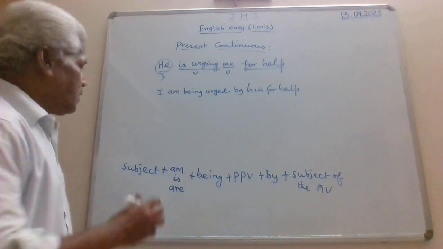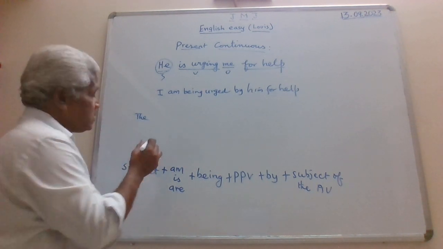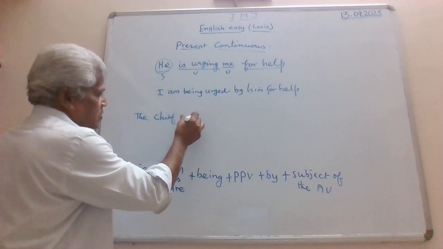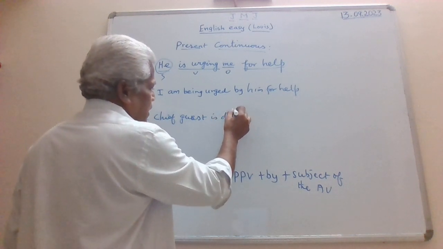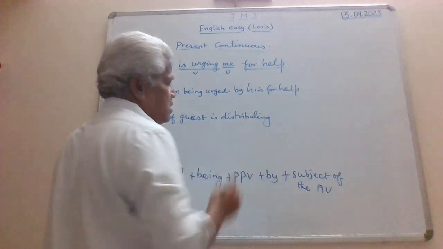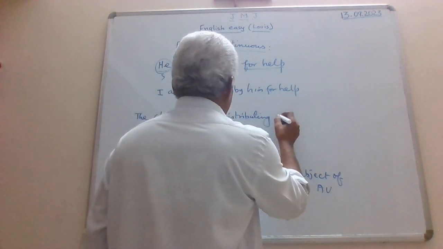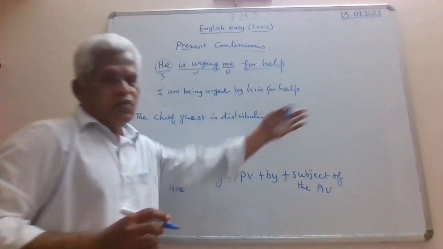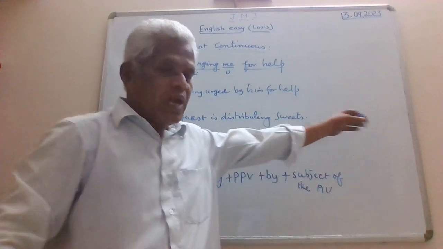Let's see another sentence here. Who is the chief guest? So let's say the chief guest is distributing sweets. You can add any object, to the children or somebody you can add on.